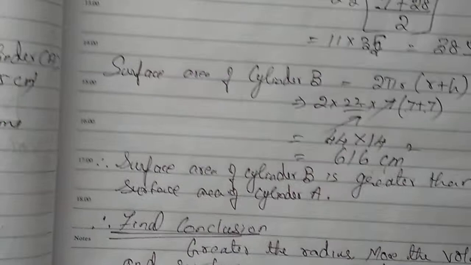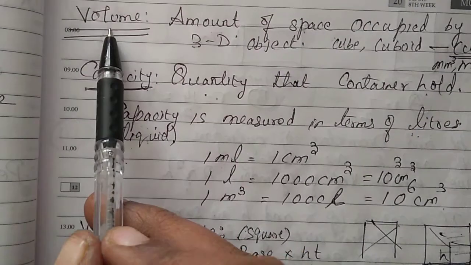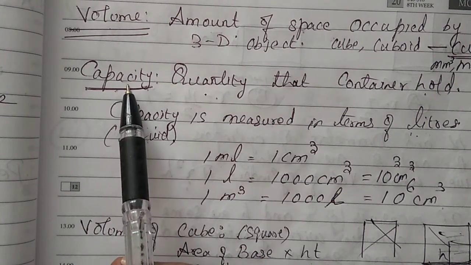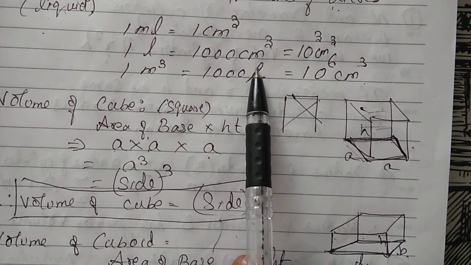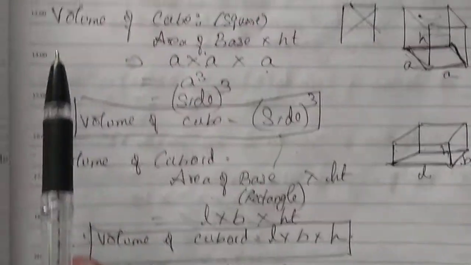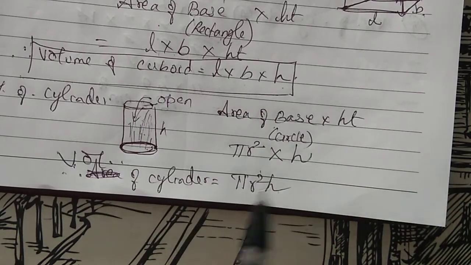So now we are done with the volume. We started with what we mean by volume, what is capacity, and then the conversion units for capacity, and the formulas for volume of cube, cuboid and cylinder, and the situation based sums.